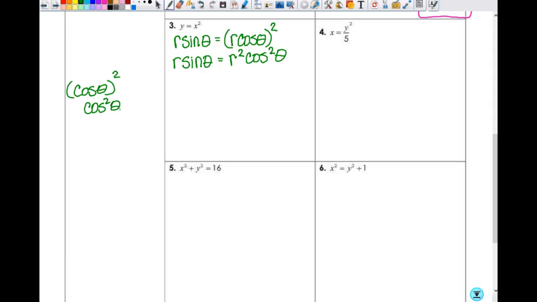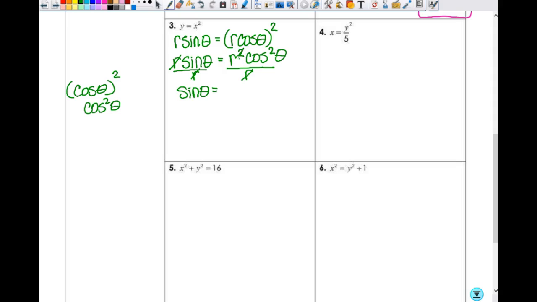Okay? All right, so now let's look at what we have here. I've got r and r's on both sides, right? So I can divide this side by an r. If I divide this side by r and this side by r, those cancel out, right? So I get sine theta equals, what happens on the right-hand side? One of the r's cancels out, right?